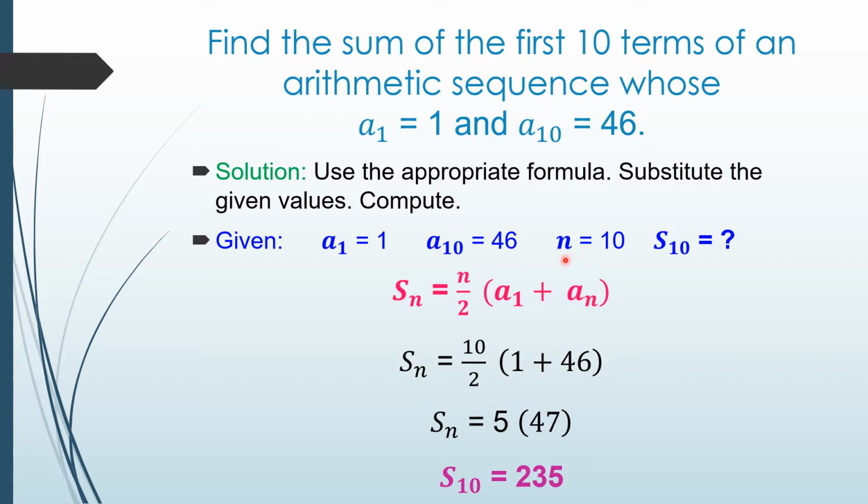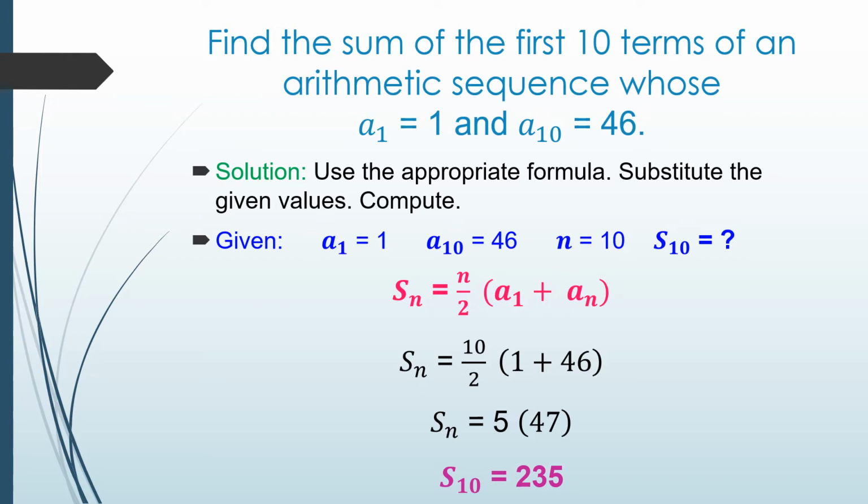Yung n natin or yung number of terms ay equal sa 10. Bakit 10? Kasi ang pinapahanap ay yung sum of the first 10 terms. Ibig sabihin, i-add natin mula sa first term hanggang sa pang-10 term at kung bibilangin mo yung number of terms, 10 lahat sila. So, ang number of terms natin ay 10.